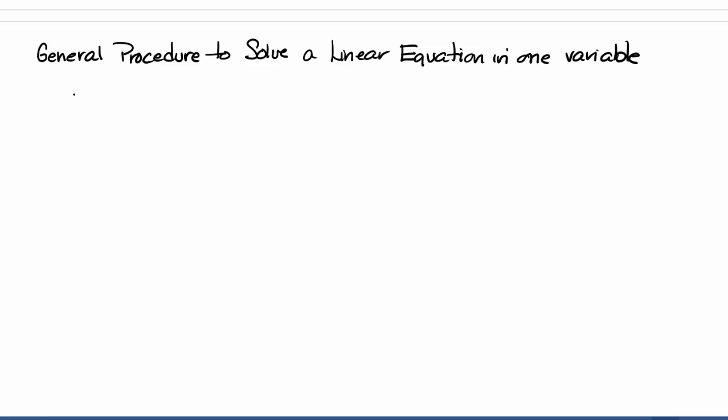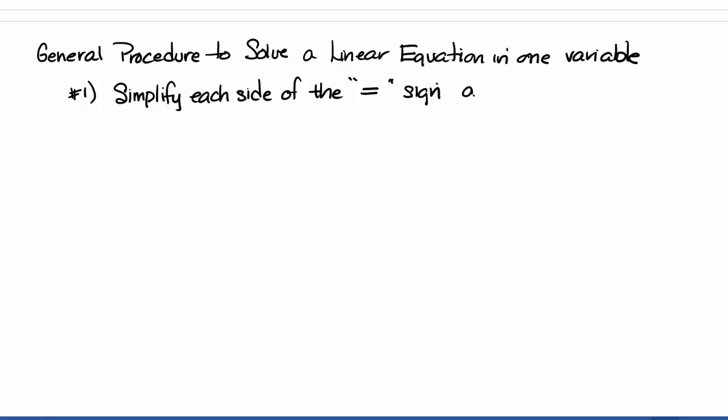Okay, the first thing we do is we simplify each side as much as you can. And we talk about simplifying each side of the equal sign as much as possible. And what that involves is clearing the parentheses by distributing.